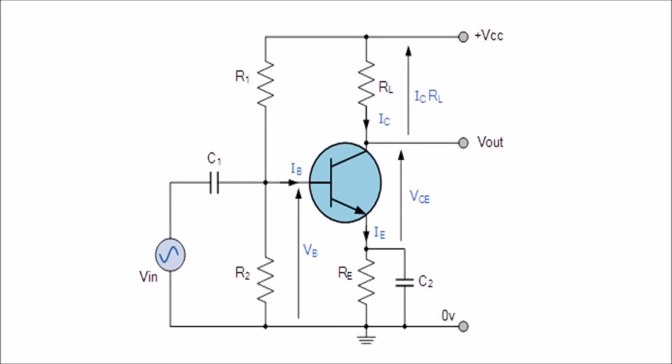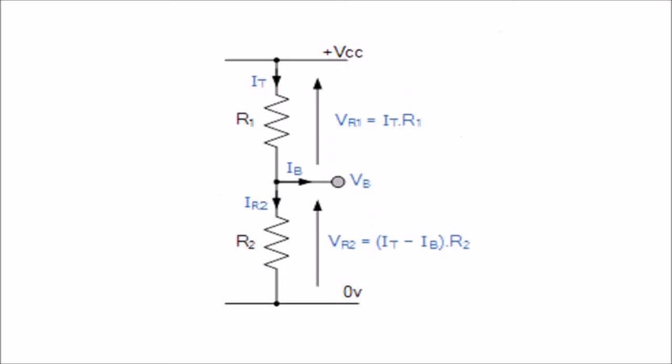The Q base voltage is determined by the potential divider network formed by two resistors R1 and R2 and the power supply voltage VCC, as shown in this circuit. The total resistance RT will be equal to R1 plus R2, giving the current as I equals VCC divided by RT.